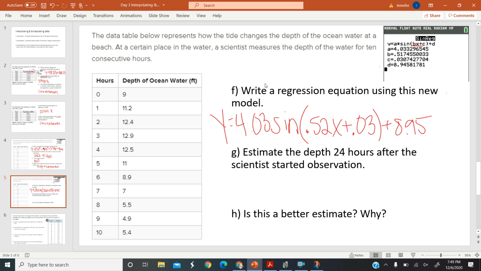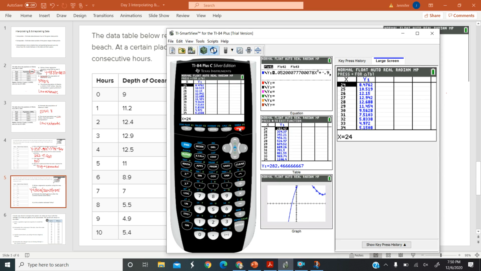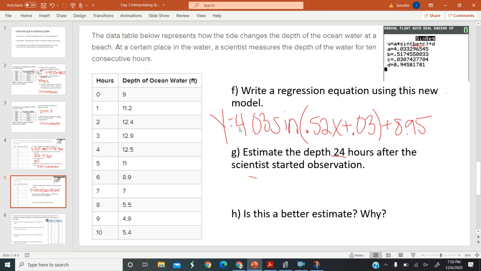And then it wants you to estimate the depth again after 24 hours. So back to my calculator again, I'm just going to go back to the table because I've already got 24 as my table start, and we get 8.48 as our estimation after 24 hours. So 8.48 feet deep is what it's talking about. And it asks, is this a better estimate?